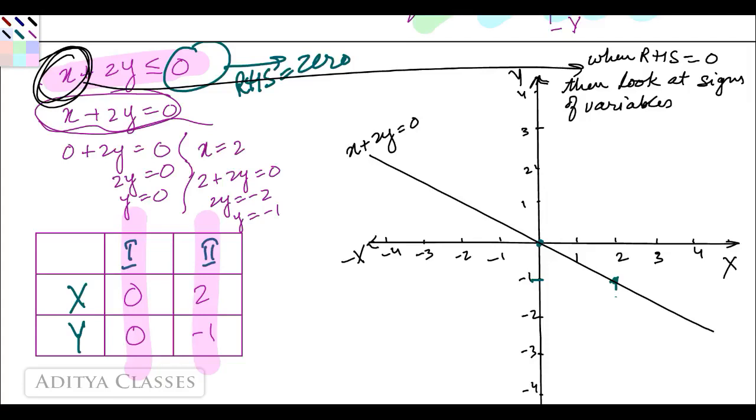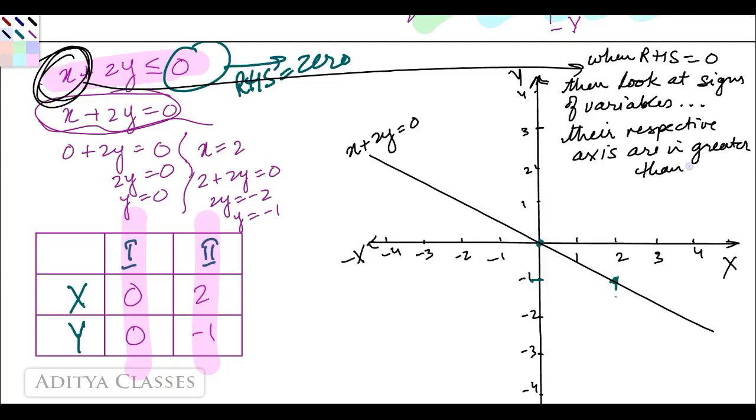Their respective axes are in greater than area. Now if we have a look at x, it is positive. This is positive x. Y is also positive. So this is my greater than area.